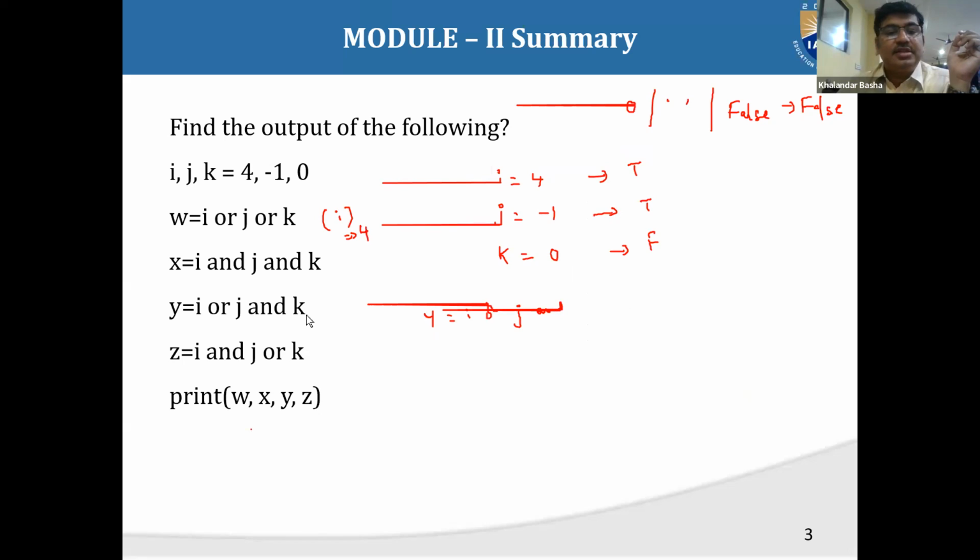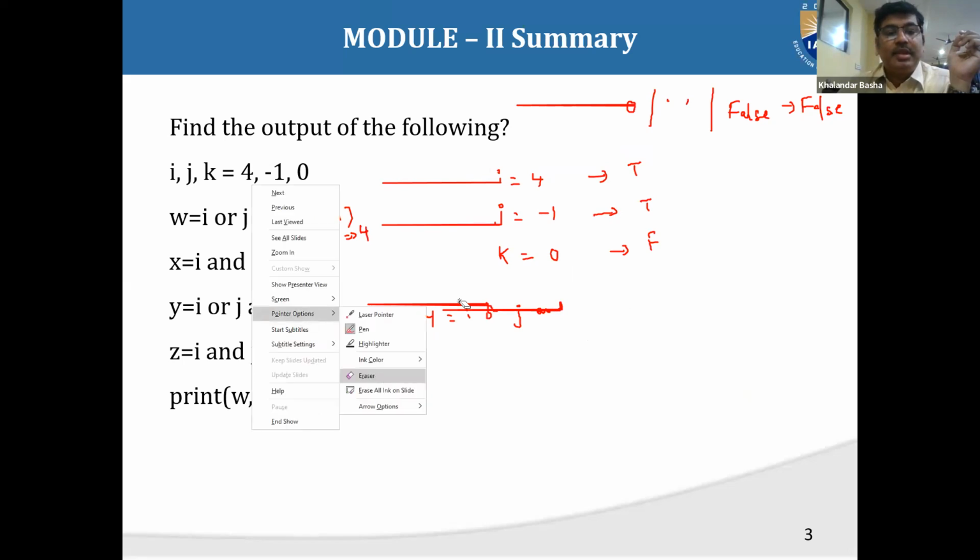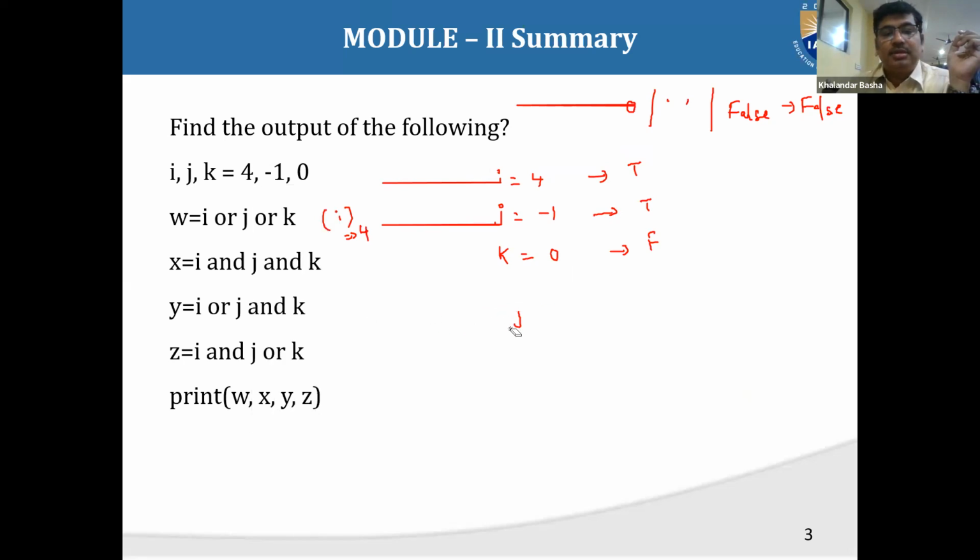The second one is X. I'll move to Y later. So here X is equivalent to i and with j and with k.